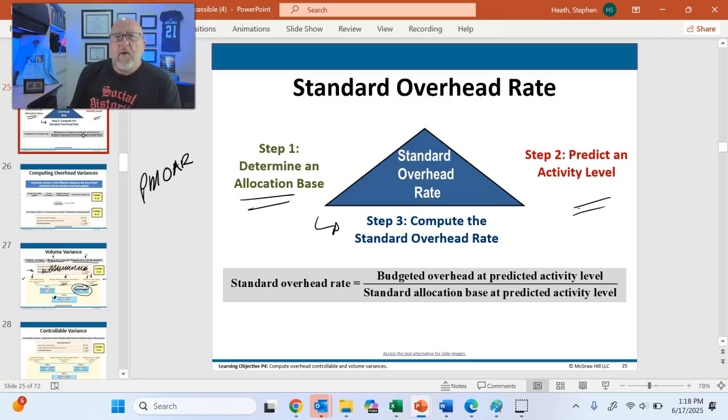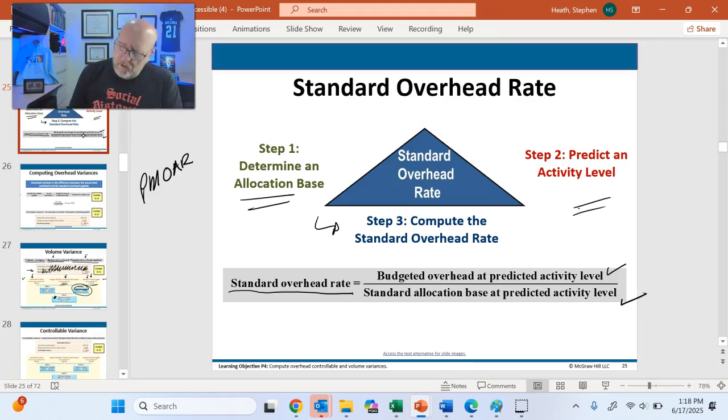Okay. So for our predetermined manufacturing overhead allocation rate, the first thing we do is predict our budgeted overhead at the beginning of the year. And then we predict our allocation base, how much we're going to use.